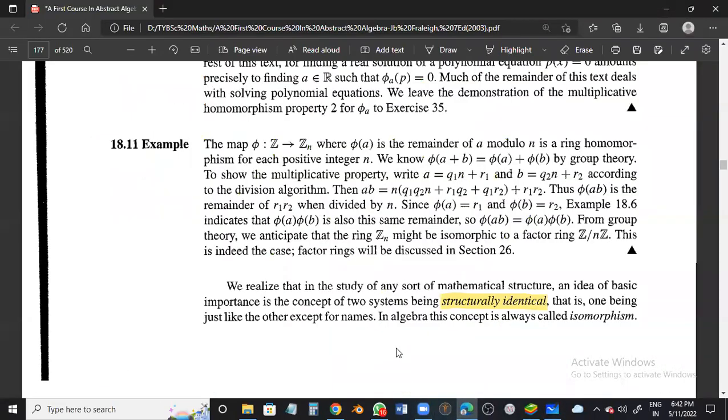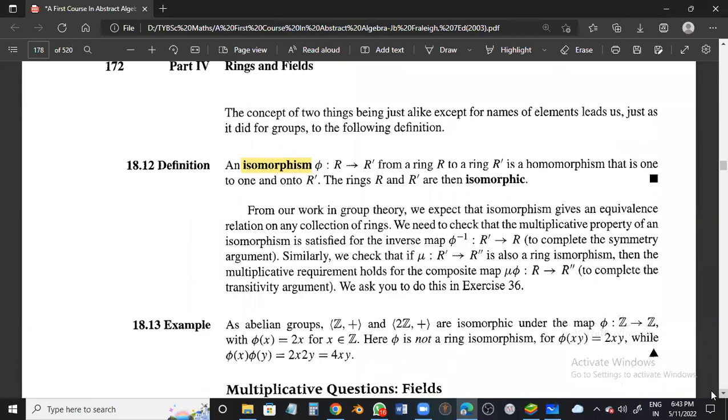Now I move to the thing that we discussed a few hours back, structurally identical. What I mean by structurally identical is nothing but isomorphism. Let us deal with the definition that we have already seen. The definition of isomorphism: if we have two rings R and R dash, and a map phi from R to R dash is a homomorphism, and moreover it is a bijective function, then we call it an isomorphism.